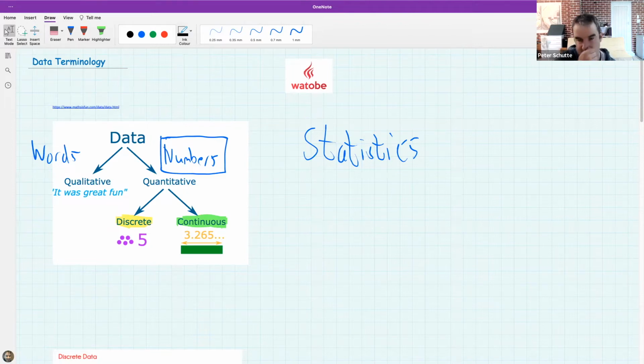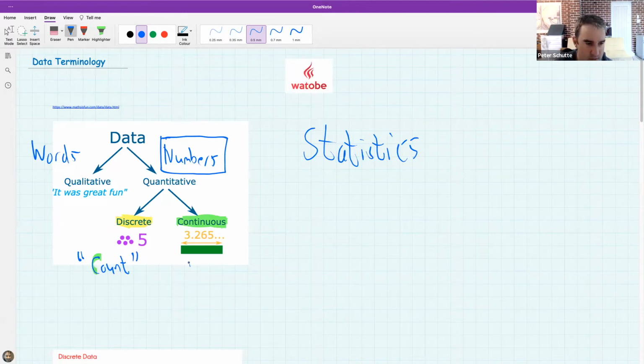So if I had to count how many people are in the Zoom right now, that would be discrete data. It's data that's a number, and it's data that can't really have fractional parts. I count it. And so when I think about data that's discrete, I ask, can I count it? So data that you can count is discrete data.